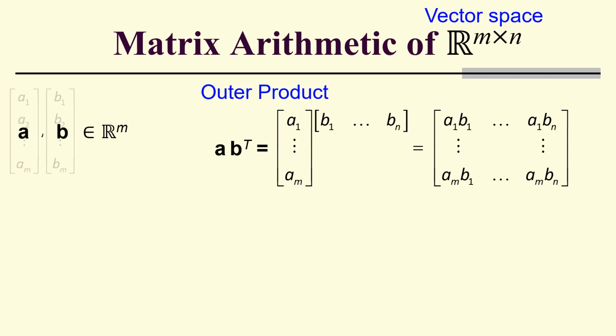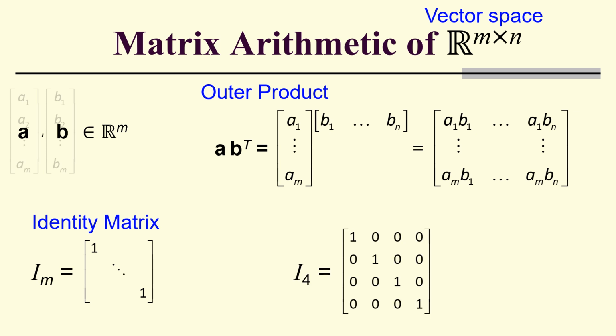That's a column times a row, and it forms a matrix that is m by n, as you can see here, of individual products. The identity matrix is a diagonal matrix. Notice I didn't write all the zeros in. If I had, for example, I would have ended up with, say, I4, which is the four-dimensional identity matrix.